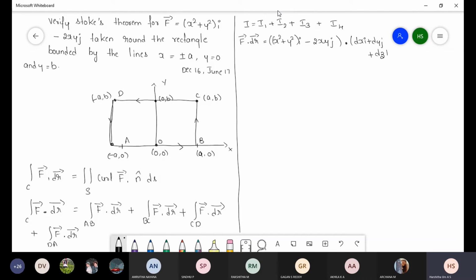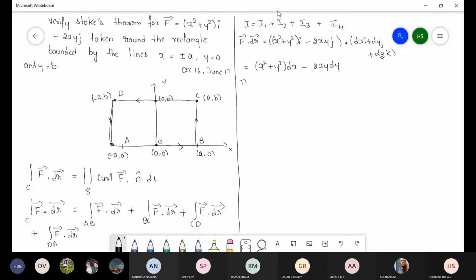This is the value of the vector r. Now using the dot product, we will find out the vector f dot vector dr: x square plus y square into dx minus 2xy into dy.